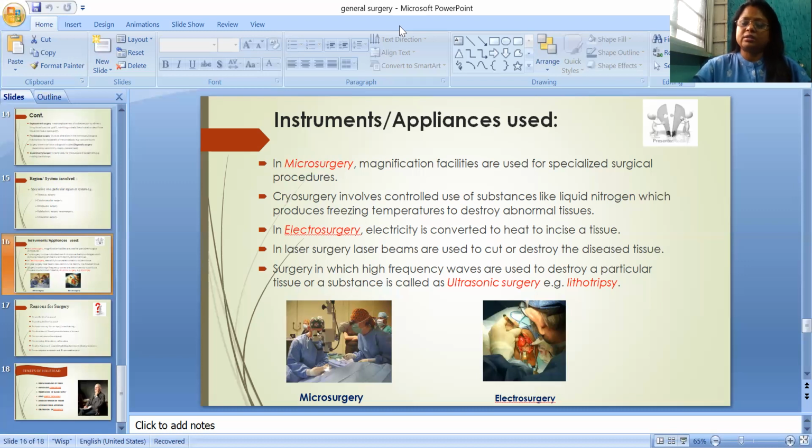So all of these are the instruments and appliances used during surgery.